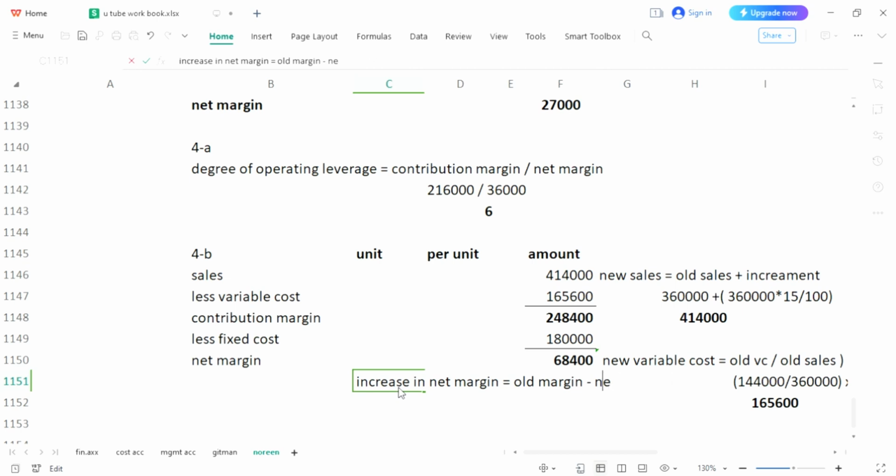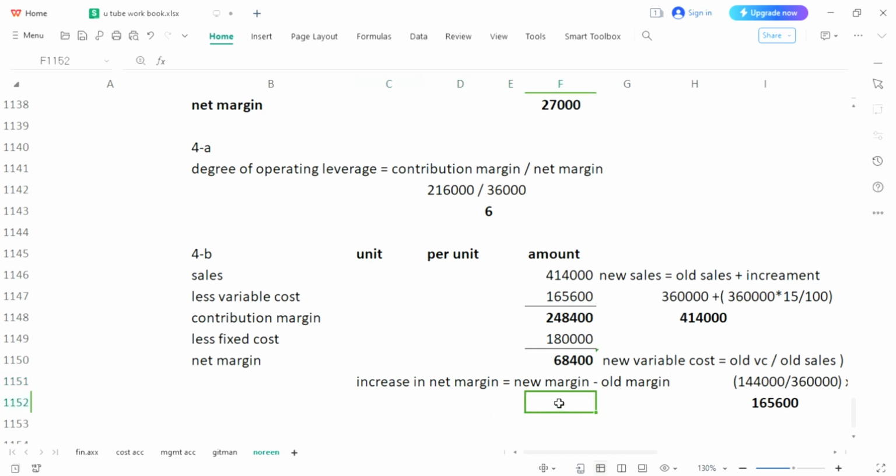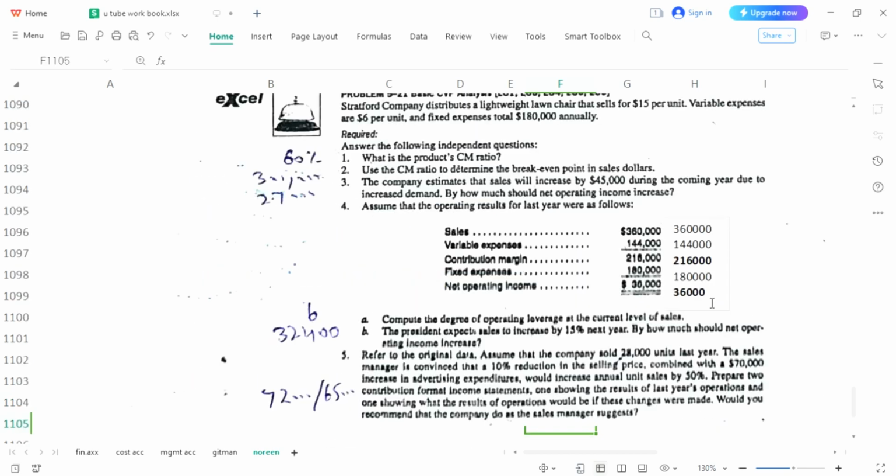It's better to write the new margin over here and then put the old margin over here. So see, your new net margin is 68,400 and you will subtract your old margin, which was actually 36,000.